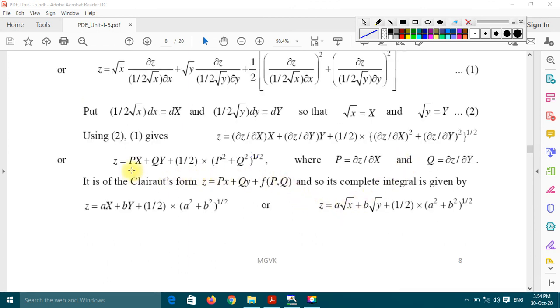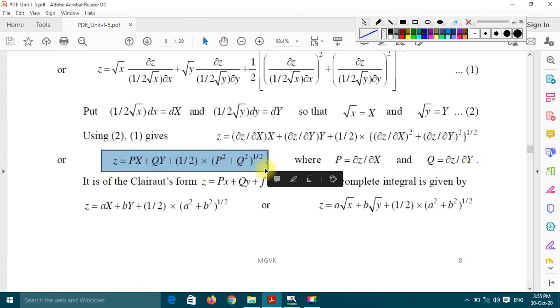This can be written as z is equal to capital P capital X plus capital Q capital Y plus 1 by 2 capital P square plus capital Q square to the whole power 1 by 2, where capital P is del z by del capital X and capital Q is del z by del capital Y. Look at this equation. This equation is written in Clairaut's form.